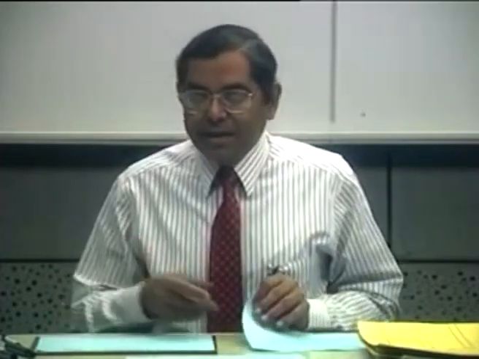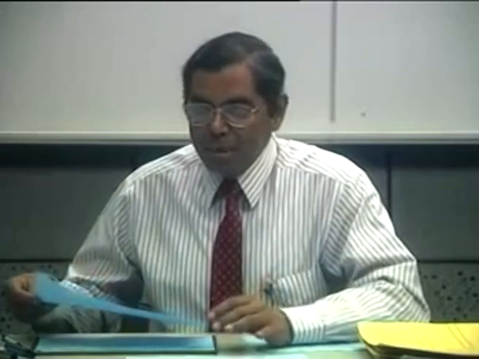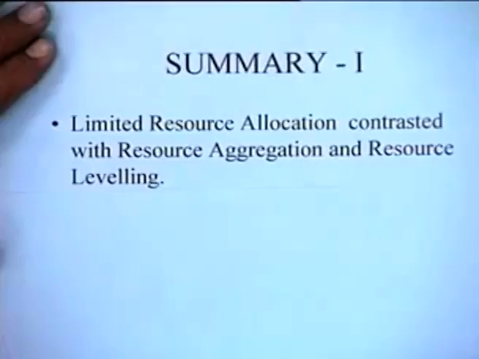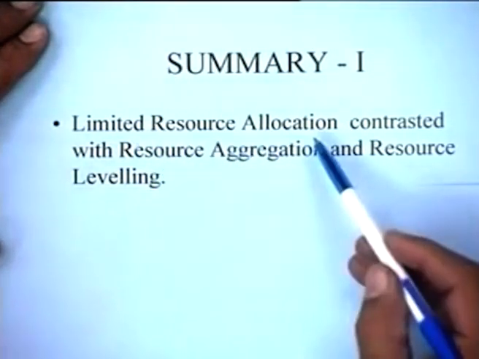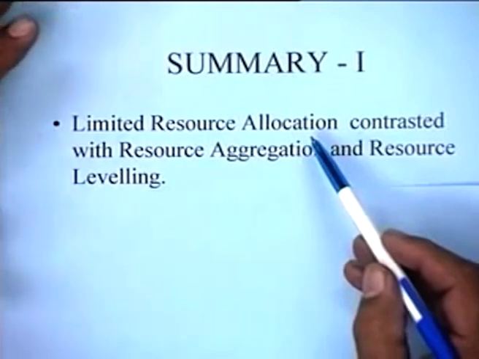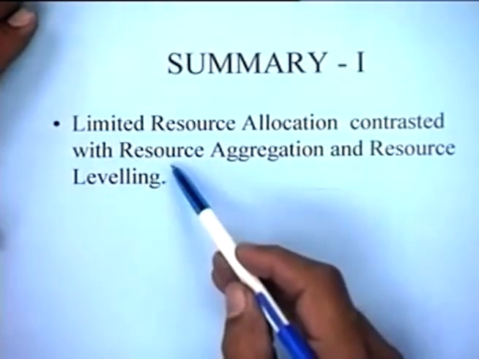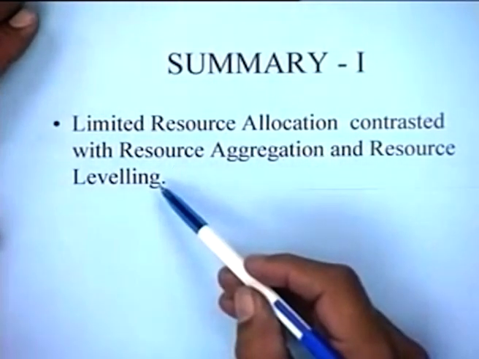So let's try to summarize our discussions today. We saw that the limited resource allocation problem was first of all contrasted with the resource aggregation and the resource leveling problems.